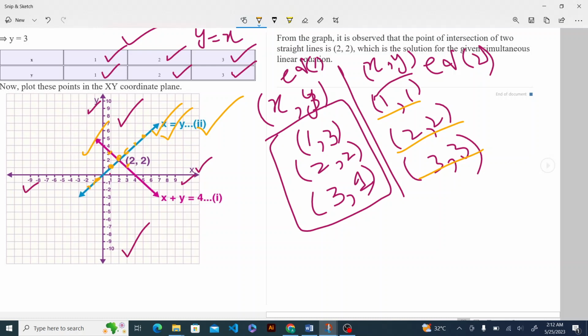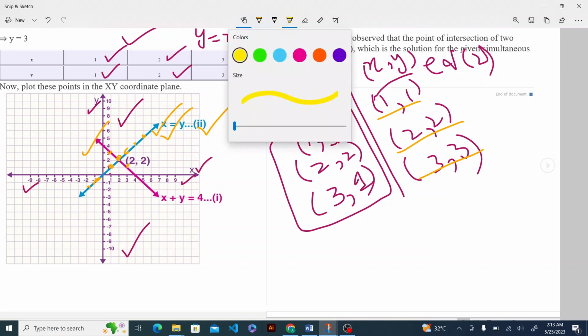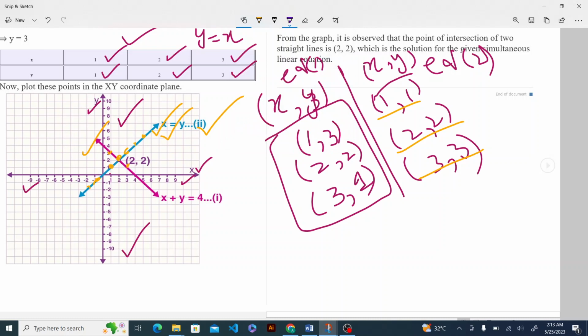We have got two straight lines, and now the main point is, we have got the point of intersection here. This 2 2 is this one. This is the point of intersection.